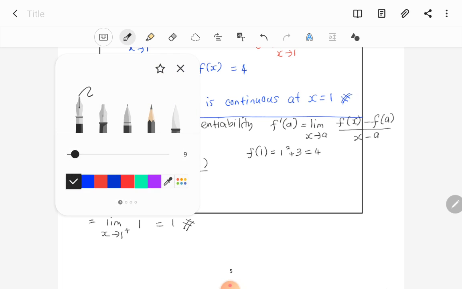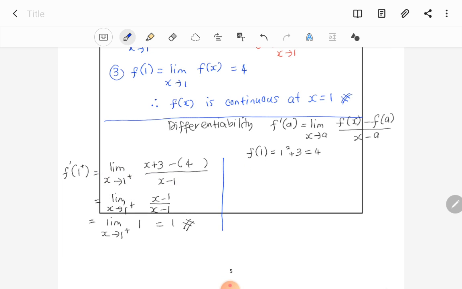Okay, next, we will try to find f prime of 1 from the left. So we write the limit as x approaches 1 from the left. The function is the upper function, which is x squared plus 3 minus f(a). What is f(a)? f(a) is f(1), which is 4. So we replace it here with 4, divided by x minus 1.